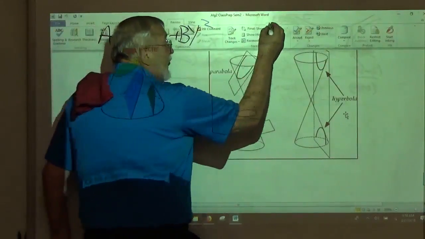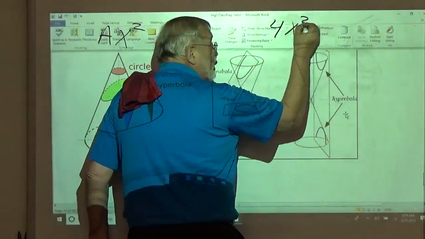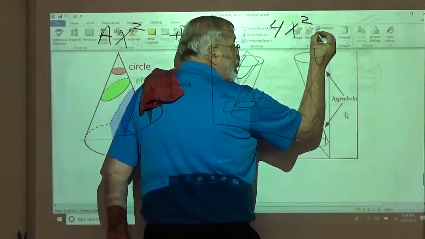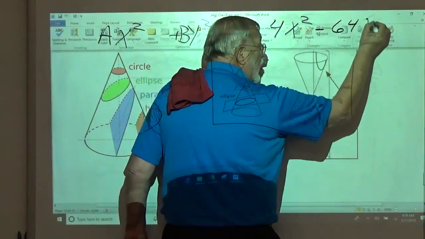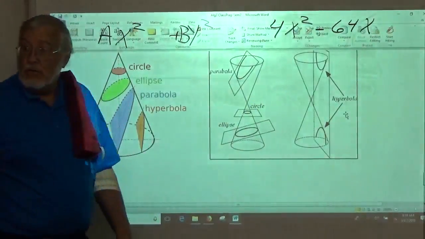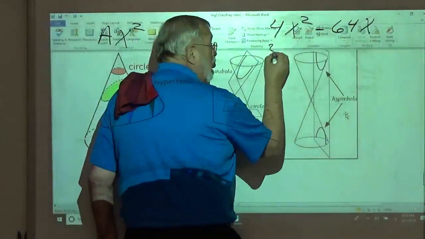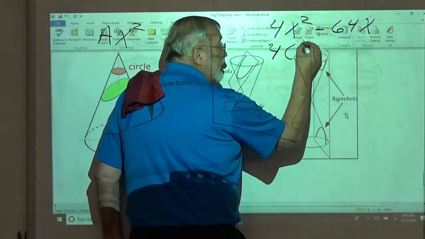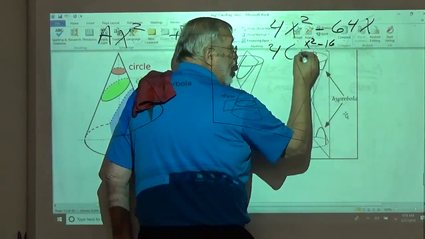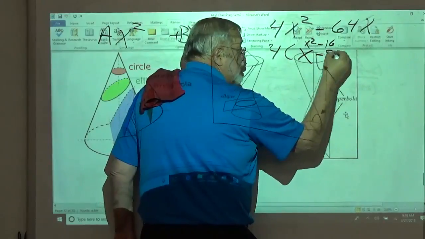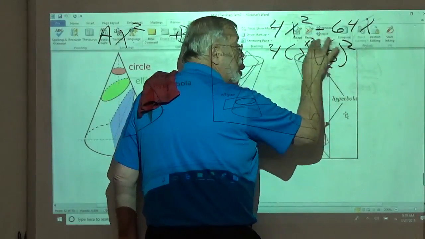So if I had 4x squared minus 64x, when I factor out the 4, this is going to give me x squared minus 16x. Half of that is (x minus 8) squared.